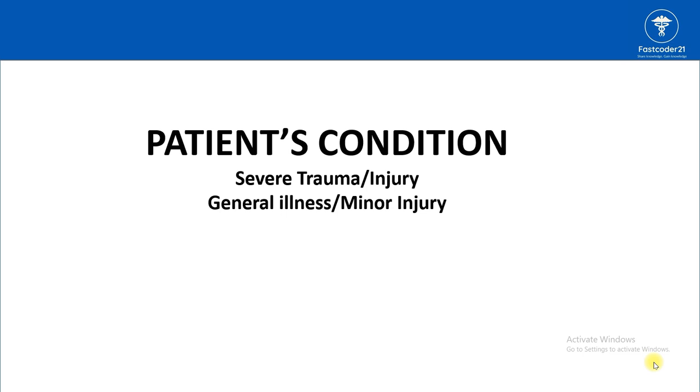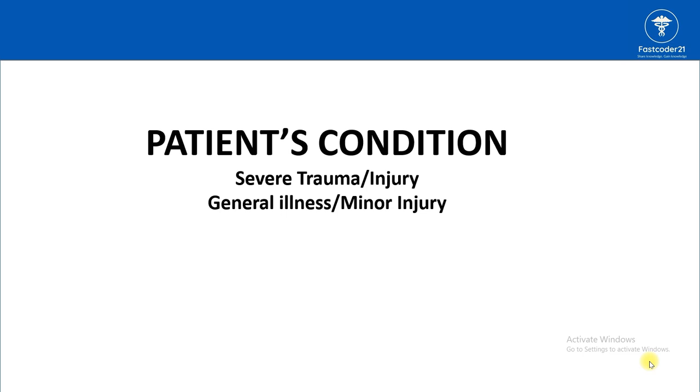First, what is the difference between trauma coding versus regular ER coding for the patient's condition? In trauma coding, most of the time, the patient will be in severe trauma or injury. Whereas in regular ER coding, the patient will come with a general illness as well as minor surgery or minor injury, like we have learned, laceration repairs, foreign body removals, all those things.